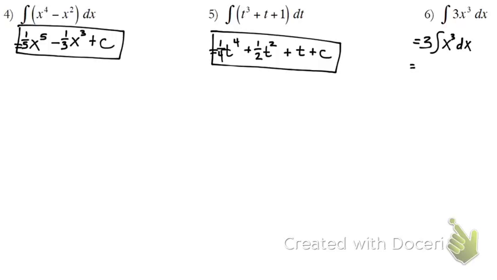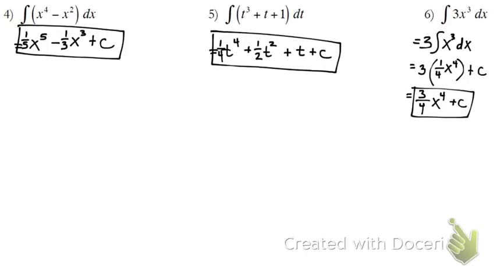It's not the worst thing in the world, and nobody really cares if you leave the 3 inside, because when you get more familiar with integrals, it's just the quicker way to do it. There's no point in rewriting it really, but just to show you that the 3 gets multiplied times the integral of x cubed, which is x to the 4th over 4, or in other words, 1/4 x to the 4th, plus c. So if I multiply that, I just get 3/4 x to the 4th plus c.